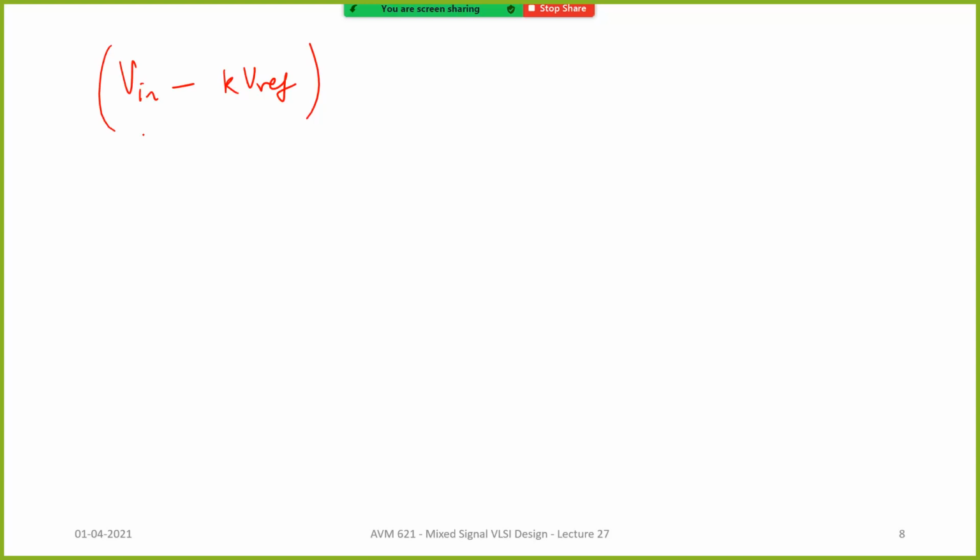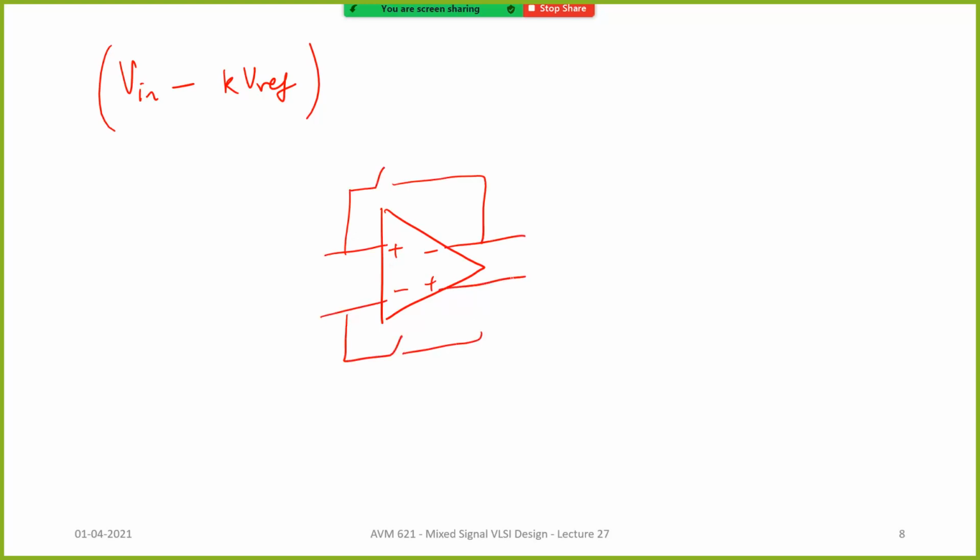So what you can do is, for example, if you take a flash ADC, let's say you have two phases, and this is your fully differential op amp, right? And then this is going to your comparator, right?